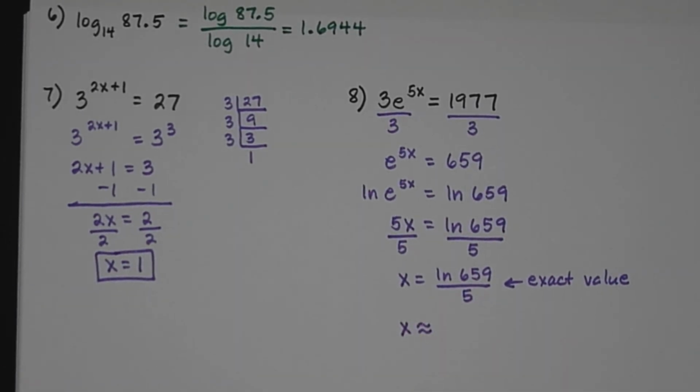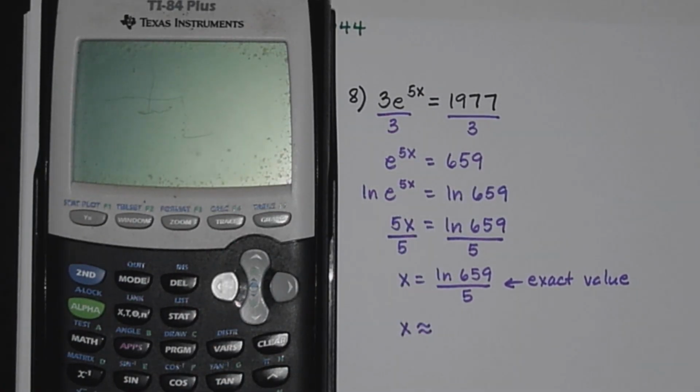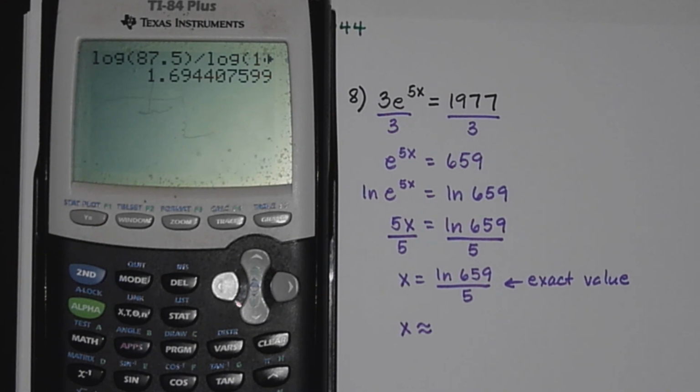So this is where we use our calculator. Let's see. We press the ln key and then 659. You want to close the parentheses around 659, because whatever ln of 659 is, you're going to divide that by 5 and then hit enter.